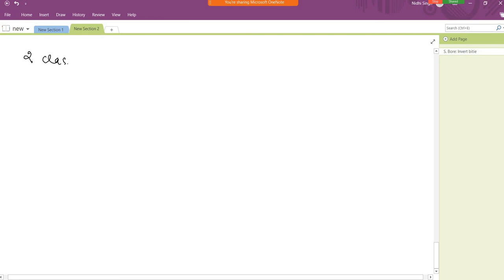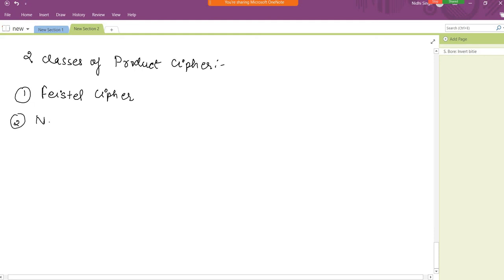Two classes of product cipher. The first one is called Feistel cipher. Second one is called non-Feistel cipher.